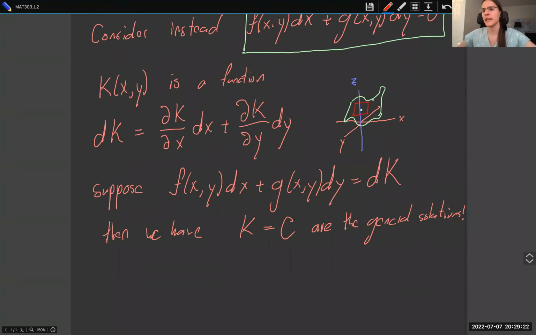And so the point is, if you change x by a bit and you change y by a bit, how does the value of k of x, y change? Well, if we just change x, then y is constant, so the local linear approximation is the partial derivative of k with respect to x.